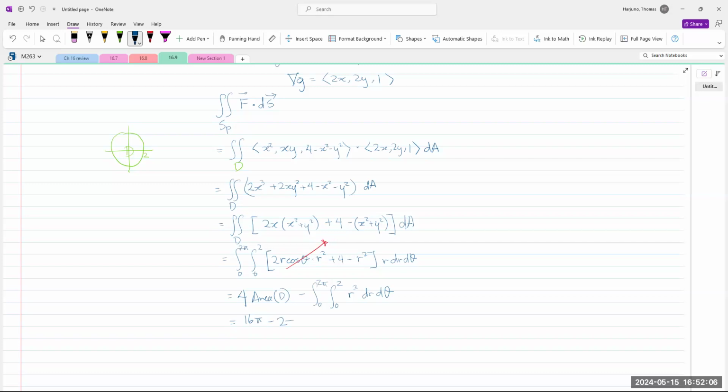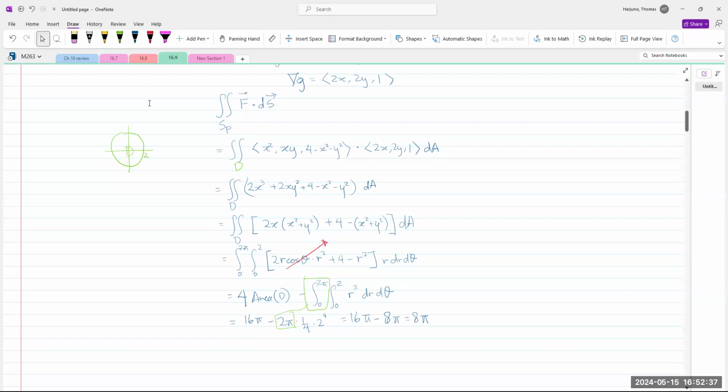Minus 2 pi times 1/4 times 2 to the 4th. The 2 pi for this guy gives me 2 pi, and then the other integral gives us that. Then this is 16 pi minus 8 pi, that's 8 pi.